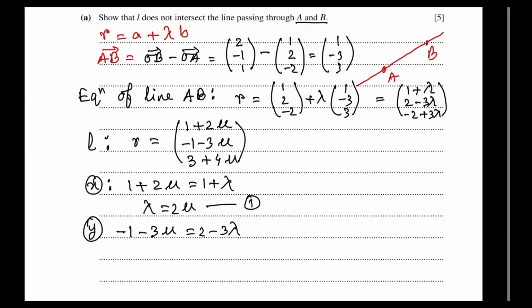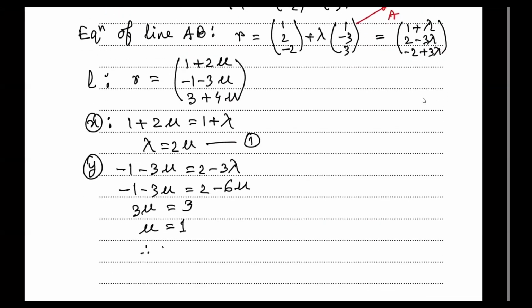Now substitute lambda equal to 2 mu here: 2 minus 6 mu. So 3 mu equal to 3, mu is 1, then lambda equal to 2.